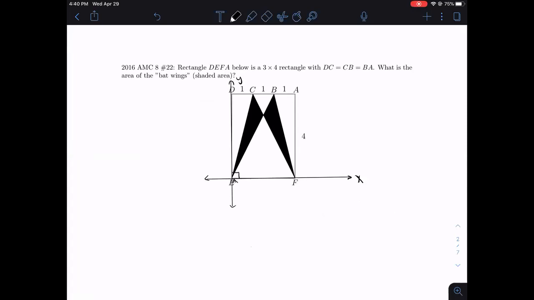So E becomes the origin. So E is 0, 0. Then this is at 3, 0. This is at 3, 4. This is at 0, 4. And this is all stuff we can just tell from the diagram. Similarly, this is at 1, 4. This is at 2, 4.